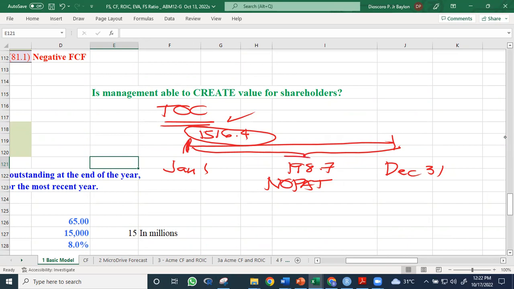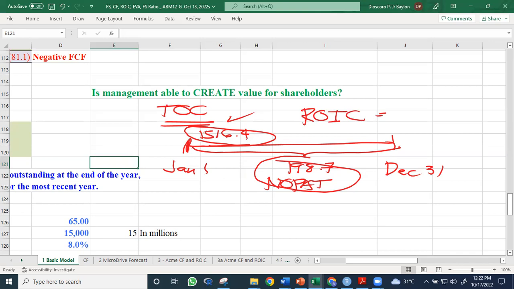They were able to generate this 198.7 given this operating capital of 1516.4. Therefore, yung measure na yan, yung ROIC, return on invested capital, is what?